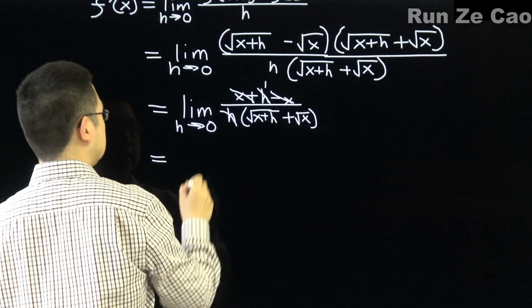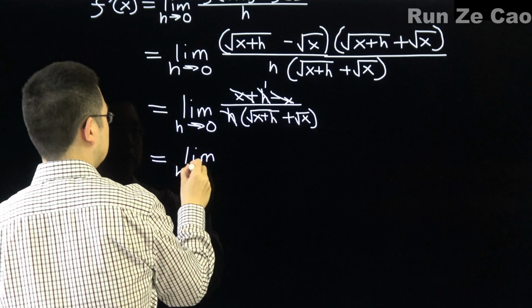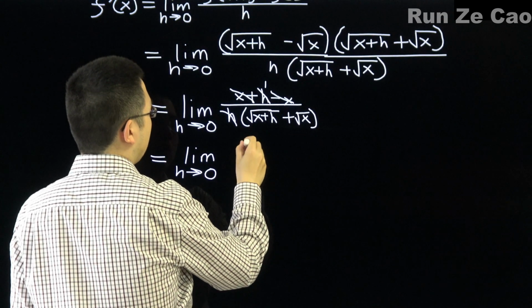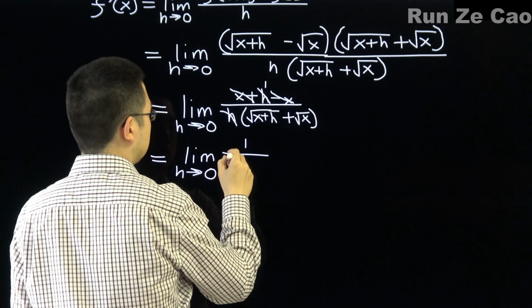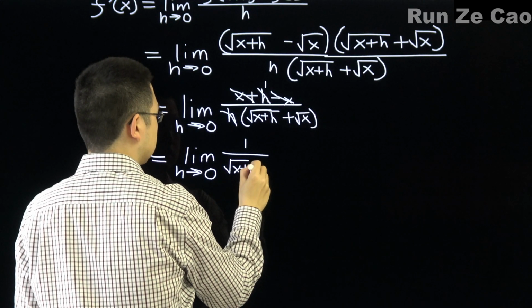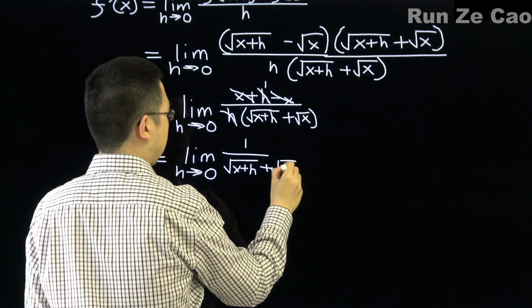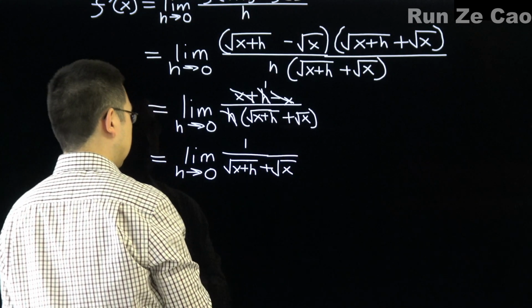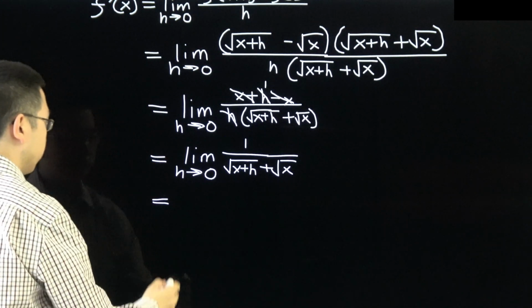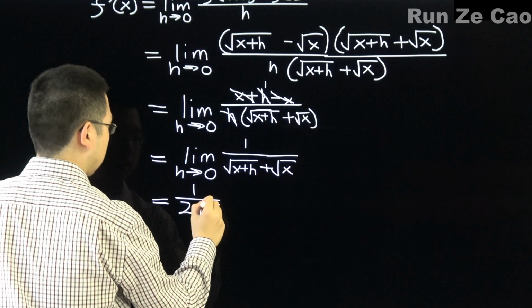Okay, so this is going to be limit as h approaches 0 of 1 over root x plus h plus root x. And when h is set to 0, we have 1 over 2 root x.